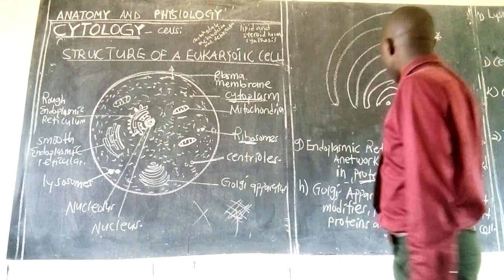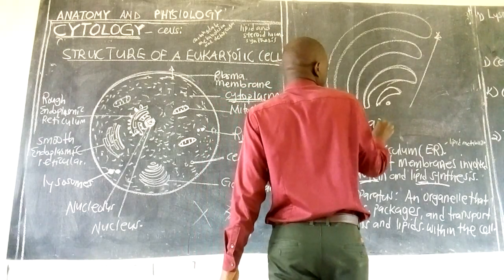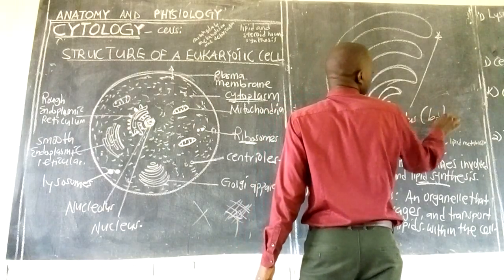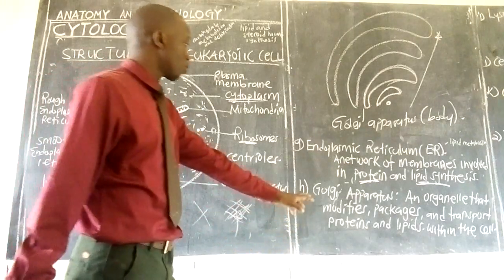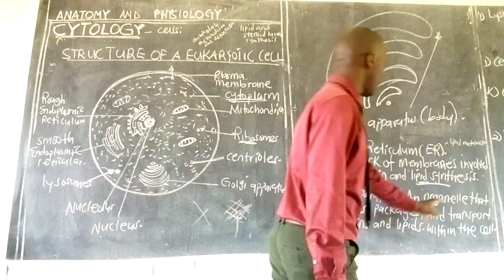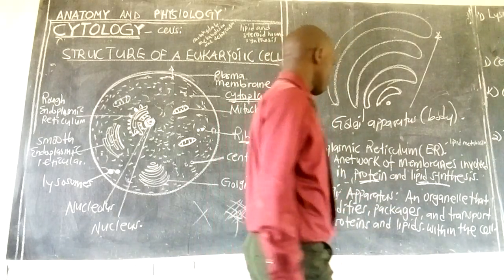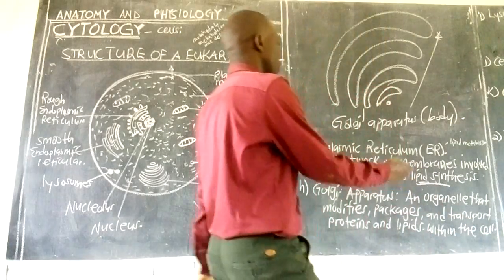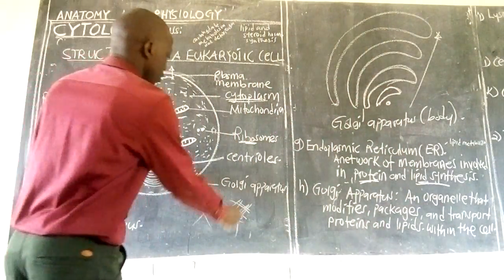So this is our Golgi apparatus or Golgi body. And we shall say the Golgi apparatus is an organelle that modifies, packages, and transports proteins and lipids within the cell. That is the Golgi apparatus, and it is this one.